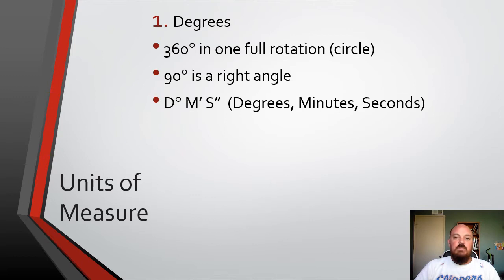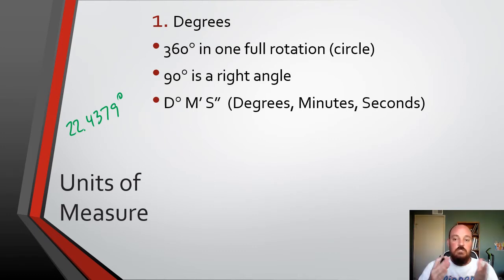And then we also have something for partial degrees. So this is something I want to mention to you. I don't really emphasize it in this class, but I want you to know it. If you have a partial degree, like let's say we have something more than 22 degrees but less than 23 degrees, you might use a decimal, like maybe you call it 22.4379 degrees or something like that. And that's fine. But there's another way of doing it.